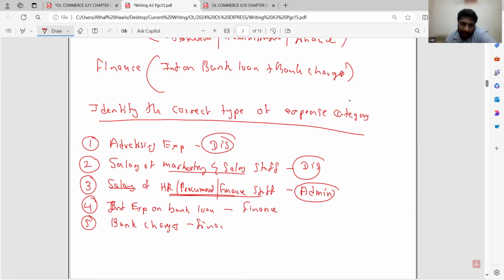So put a curly bracket for these two. These are the only finance expenses in the OL syllabus. Generally, yes, not always, sometimes there can be exemptions. Generally, these are the finance expenses in the O-level syllabus: interest on bank loan or bank overdraft, bank OD, and the bank charges.